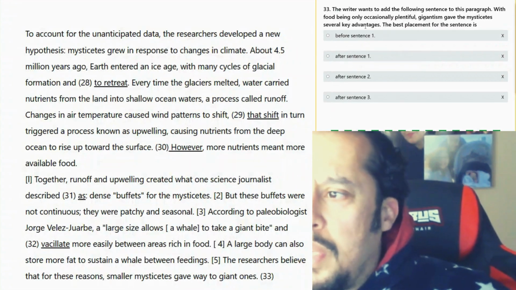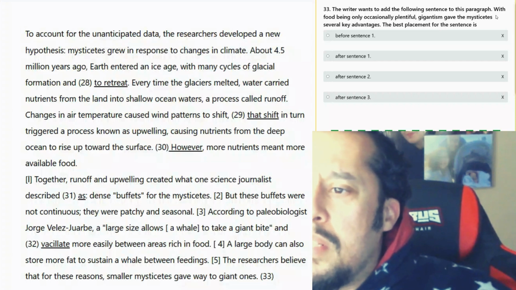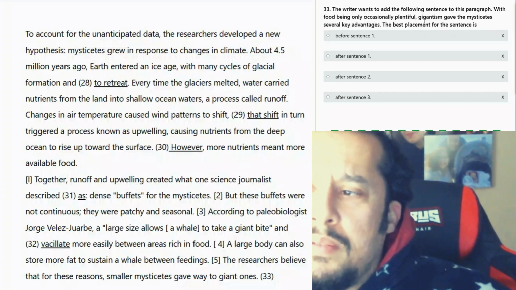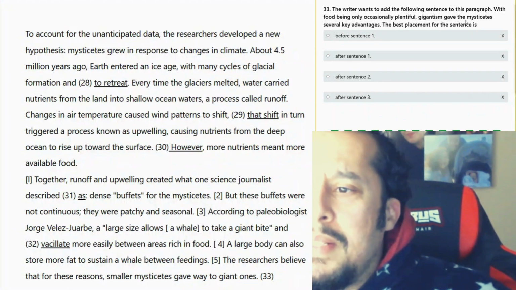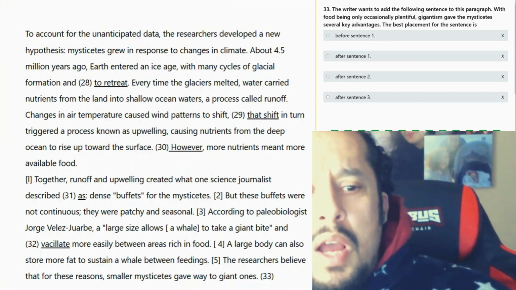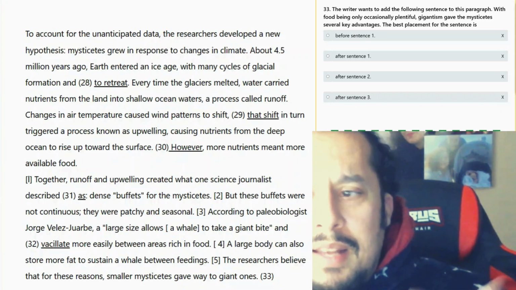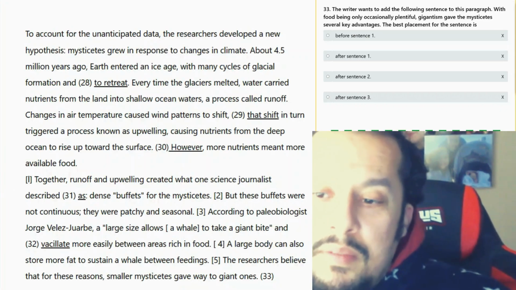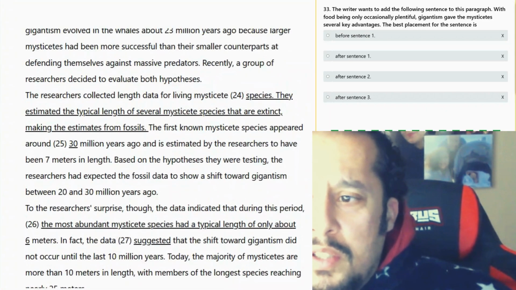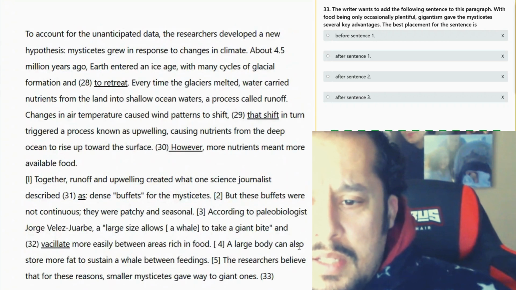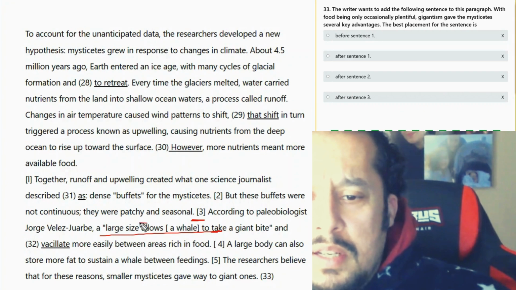Number 33. Where do we put this sentence? With food being only occasionally plentiful, gigantism gave the mysticetes several key advantages. So عايزين نتكلم عن ده عن advantages. So الجملة دي تيجي قبل ال advantages. If you remember clearly, where do we discuss advantages? Here, the large size allows. This is an advantage.